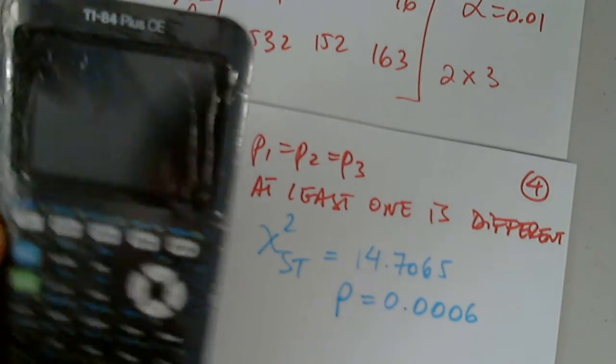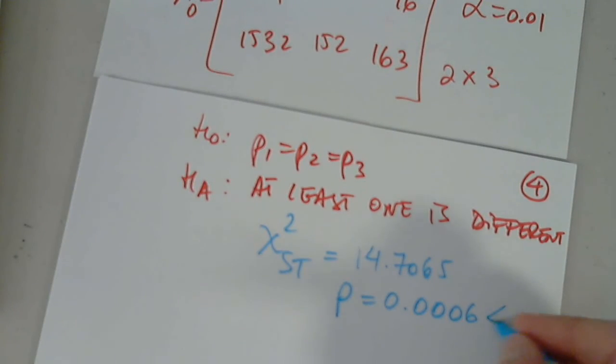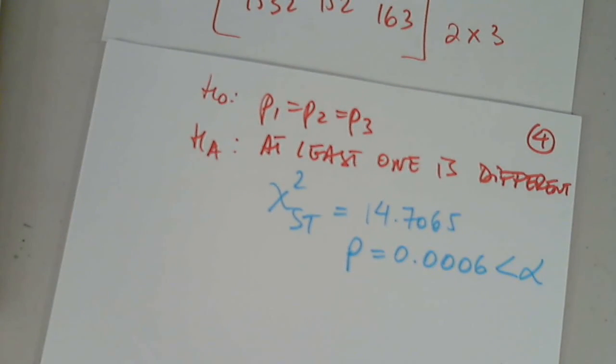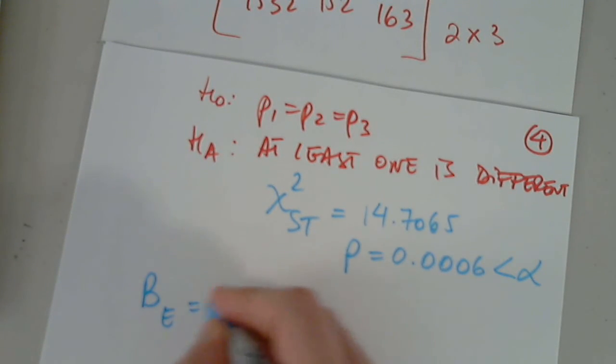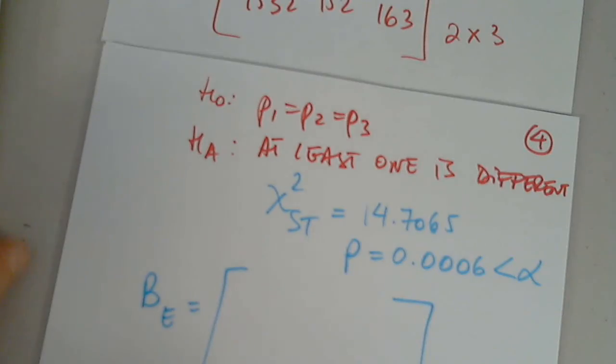Almost 0. The p-value is less than alpha. I need to see the matrix of expected to make sure that the conditions are fulfilled.